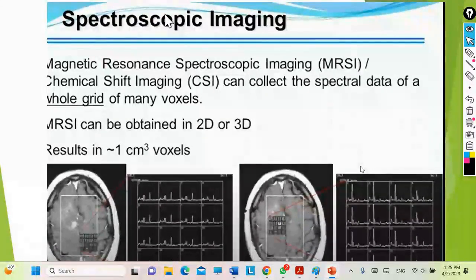The specific absorption rate, what does it mean? For example, now regarding the fetus, the amplitude, right?